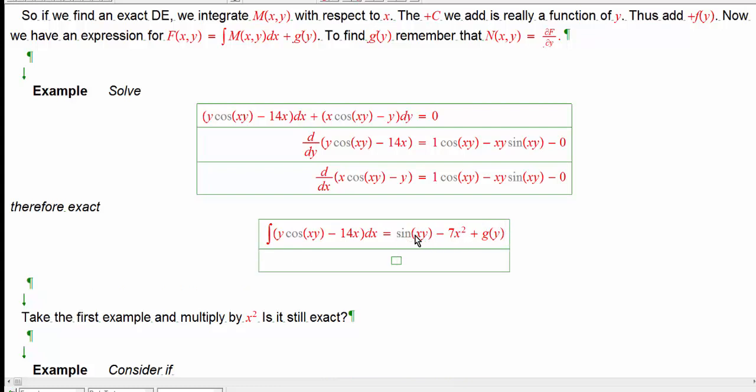I'm going to take this piece that I integrated with respect to x. This is then equal to this unknown function, and I'm going to differentiate it with respect to y. So that's going to give me x cos, and this would be equal to the second bracket.